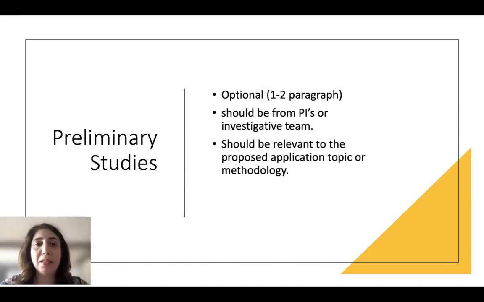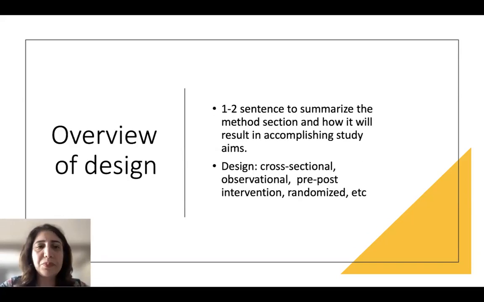I would not cite a study that is not done by any of your team members and is just published outside. That's not your preliminary study. You also want to pick preliminary studies that are relevant to your proposed application topic or methodology. If you don't have preliminary studies, that's okay also. This is more of an optional piece.